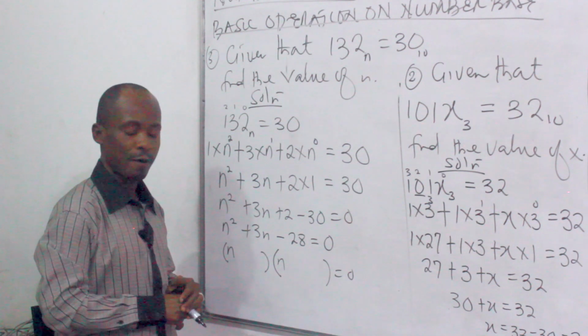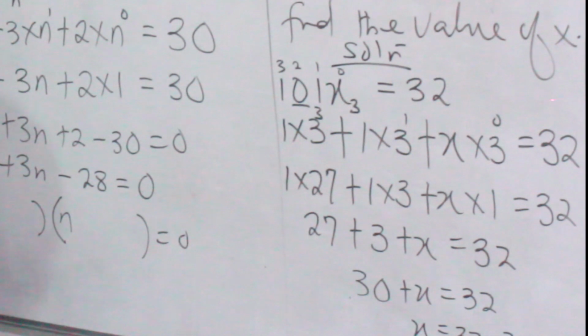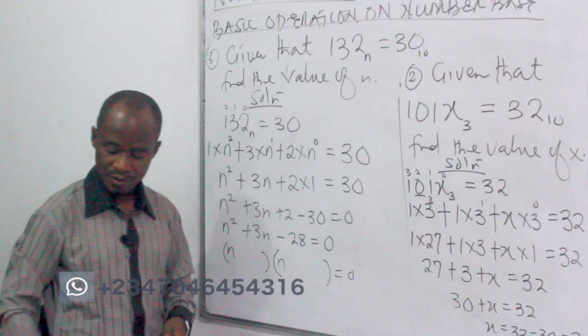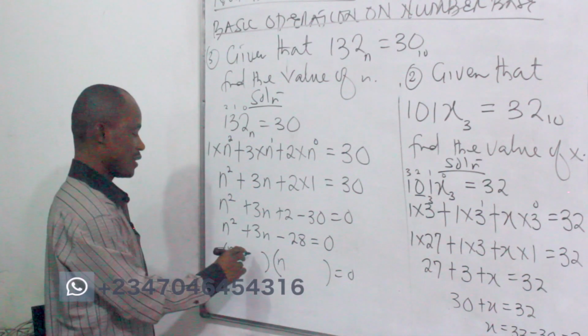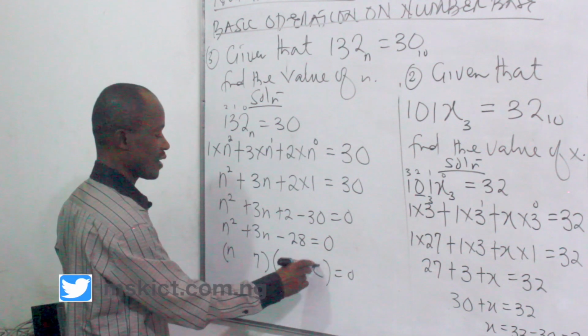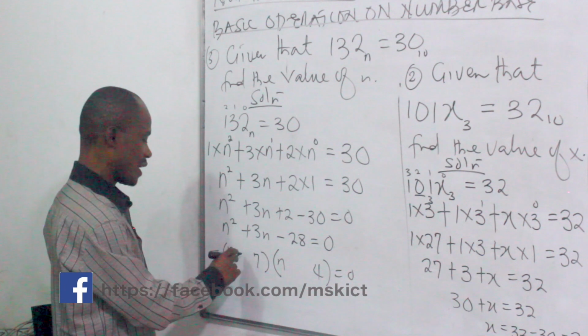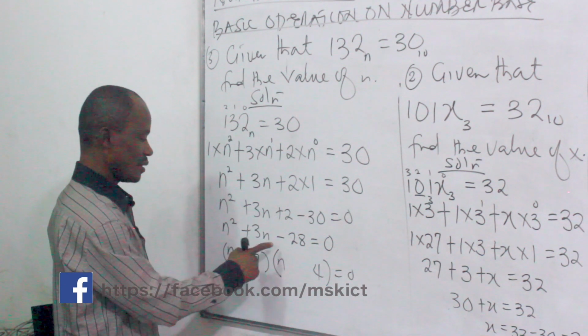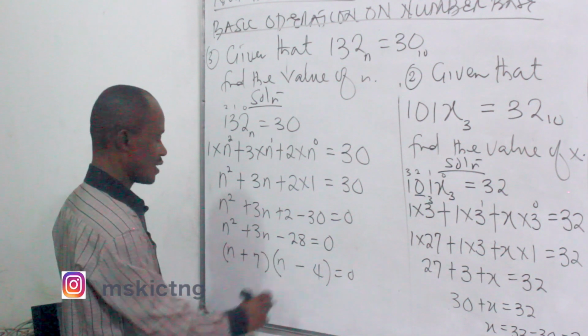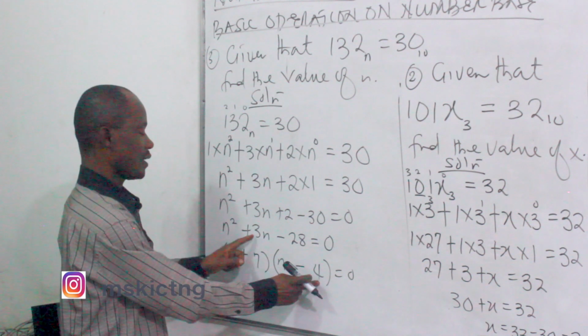Think about 28: 7 times 4. We can enter 7 here, and 4 here. The larger value will have a positive sign, and the smaller value will have a negative sign. Why? Because 7 minus 4 is 3.